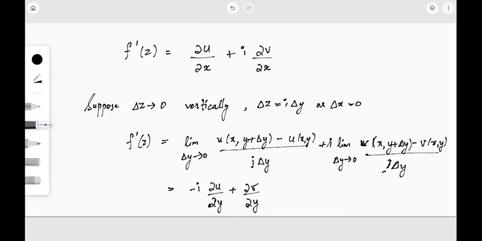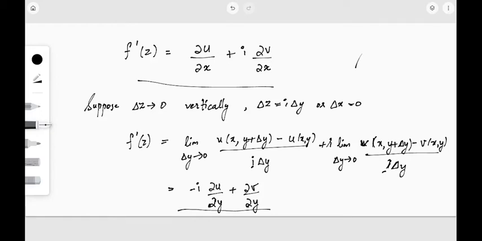So here we are having two expressions of f dash of z: f dash of z is equal to dou u by dou x plus I into dou v by dou x, and also f dash of z is equal to minus I into dou u by dou y plus dou v by dou y. So f dash of z is the same, so equating the real part and imaginary part correspondingly, we get dou u by dou x is equal to dou v by dou y, and dou v by dou x is equal to minus dou u by dou y, or dou u by dou y is equal to minus dou v by dou x.